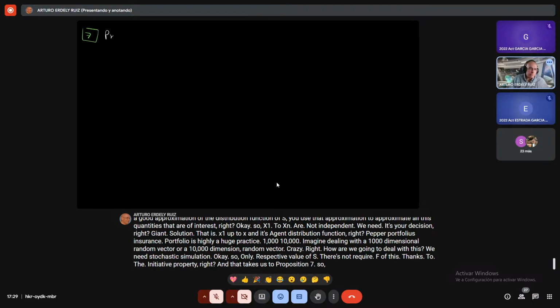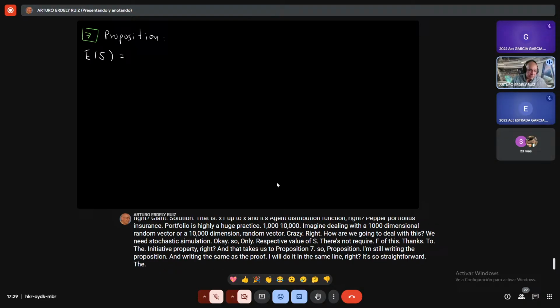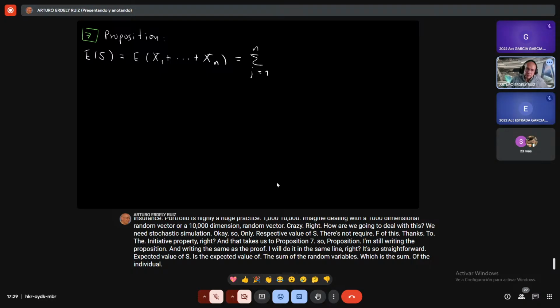So, proposition. And instead of writing the proposition and writing the same as the proof, I will do it in the same line, right? It's so straightforward. The expected value of S is the expected value of the sum of the random variables, which is the sum of the individual expectations of the Xj claims random variables.